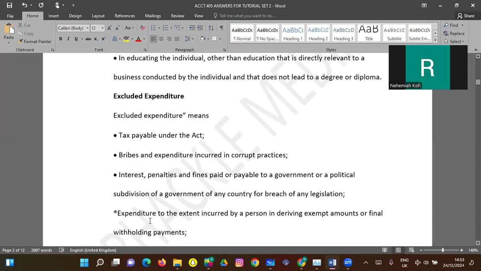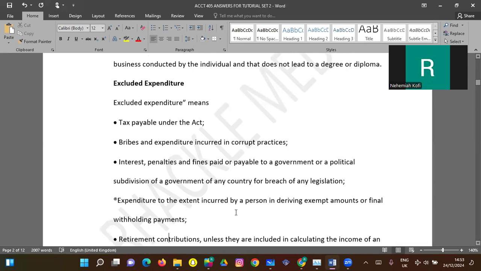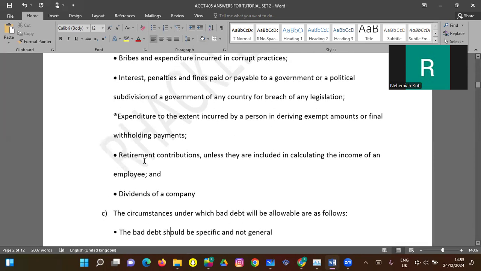Expenditure to the extent incurred by a person in deriving exempt amounts or final withholding payment is not allowable. Retirement contributions, unless they are included in calculating the income of an employee. The dividend of a company. Let's keep this in mind. Dividend of a company, right?